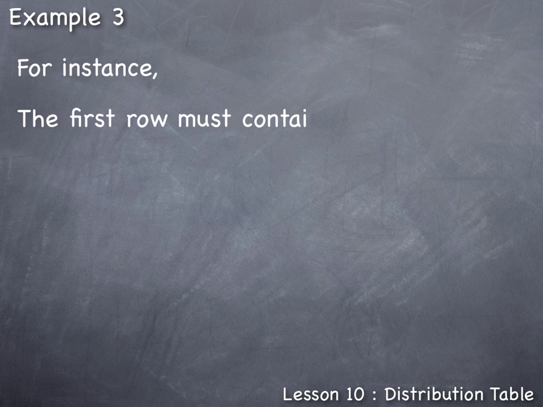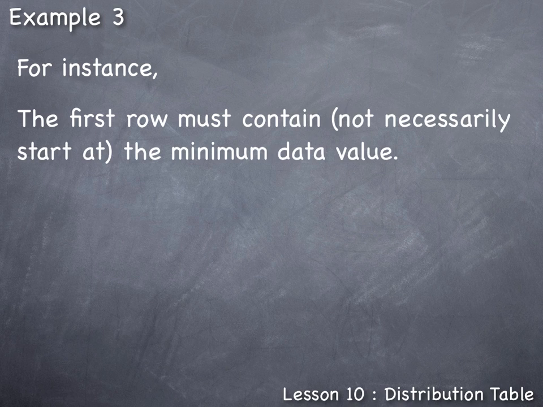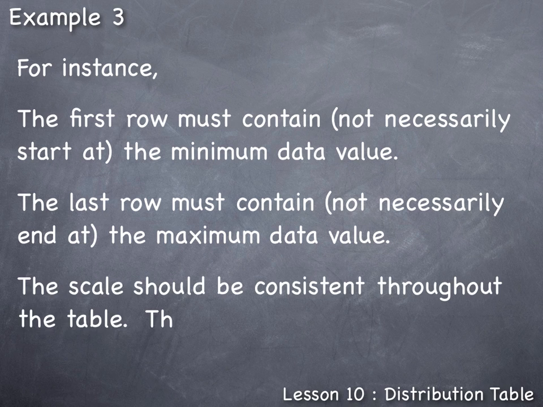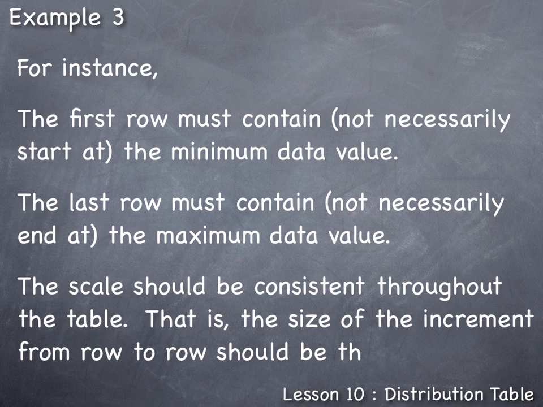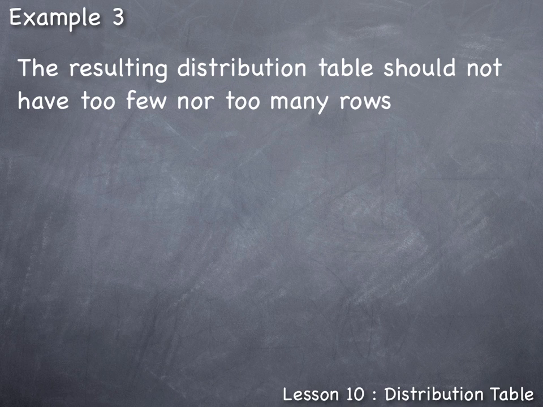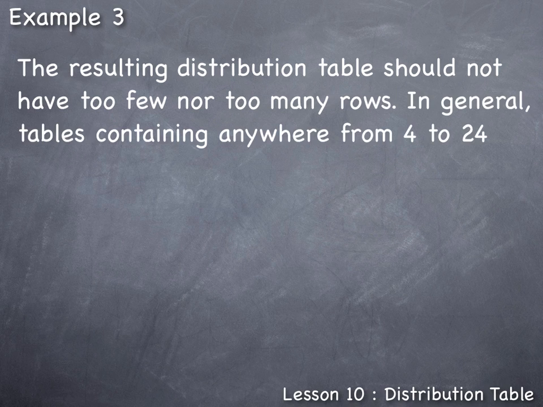For instance, the first row must contain, not necessarily start at, the minimum data value. Also, the last row must contain, not necessarily end at, the maximum data value. And the scale should be consistent throughout the table. That is, the size of the increment from row to row should be the same. In addition, the resulting distribution table should not have too few nor too many rows.